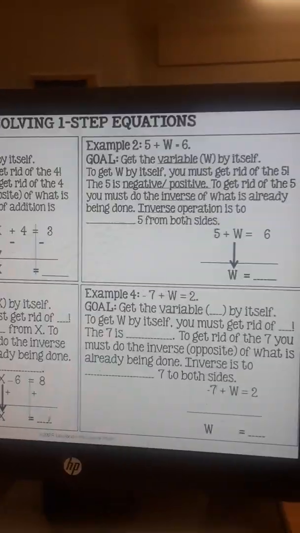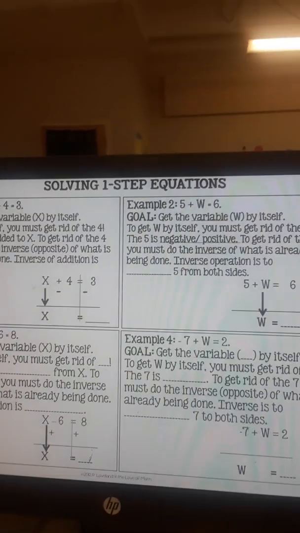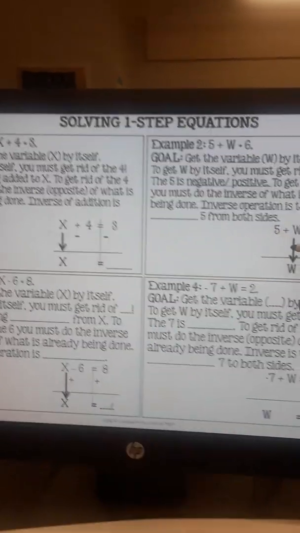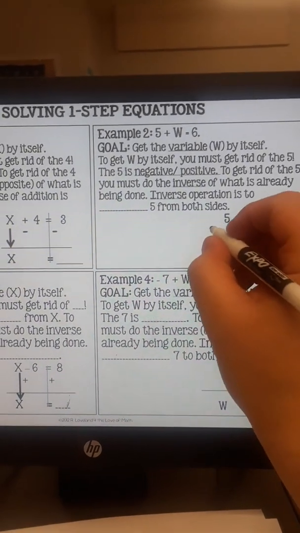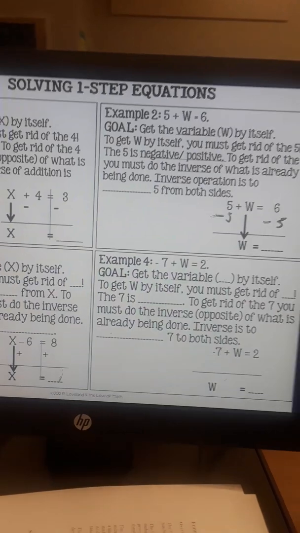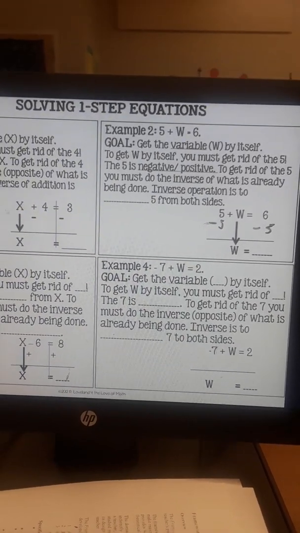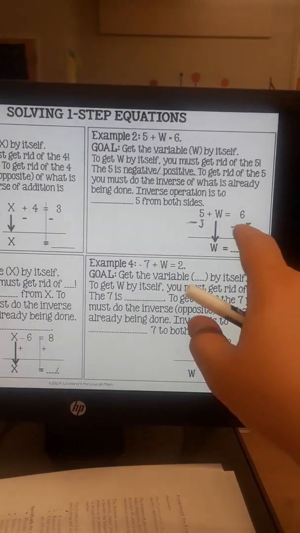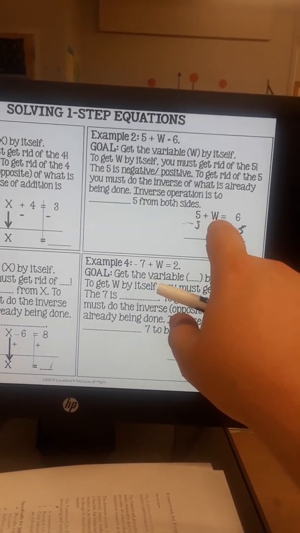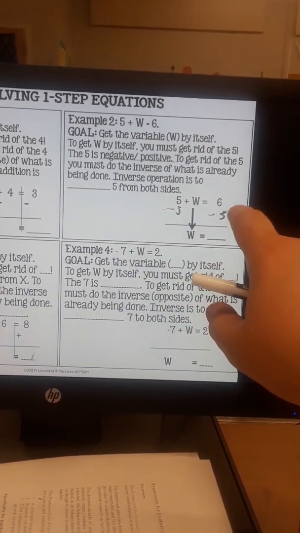All right, so now to show our work, we want to isolate w. To do that, we subtract 5, subtract 5. We do it to both sides of the equal sign. So think of that equal sign as: I'm adding 5 to a number, w, and it's equal to 6, right?